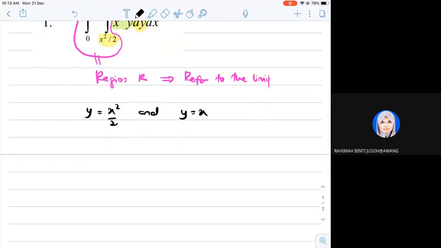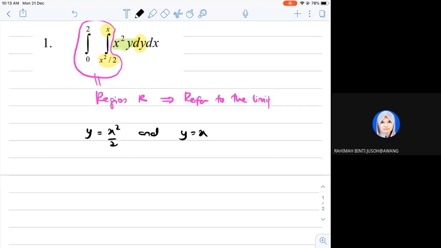So what you should do now, guys, you have to sketch the graph according to these two equations. And then the limit of x is just constants, which equals to 0 and 2. So take out limit of x from 0 until 2.